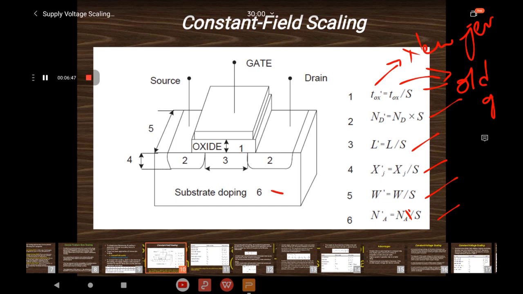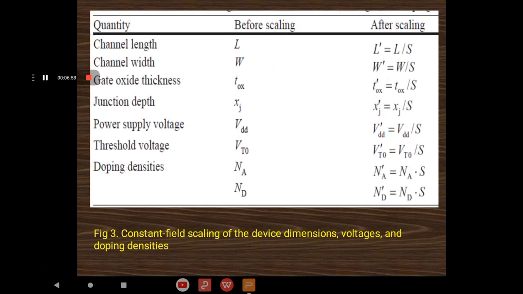As the physical parameters decrease, what electrical parameters are affected? That is a very important consideration in this scenario. So let us see what the situation of the corresponding electrical parameters is. This table gives a comparison of the quantity before scaling and after scaling.